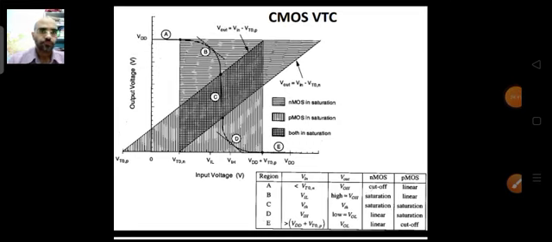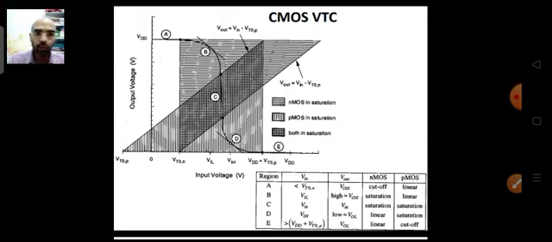So you see this region A. How will we demarcate this region A? It is demarcated from 0 to VTN. Why VTN? Because in this region your NMOS is in cutoff. NMOS will remain in cutoff as long as your gate voltage is below VTN, less than the threshold voltage of the NMOS.